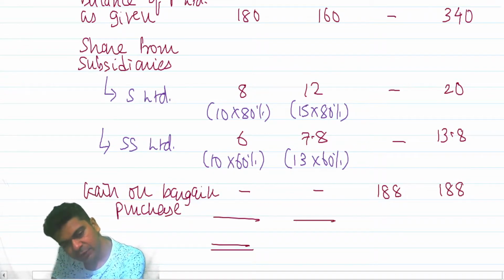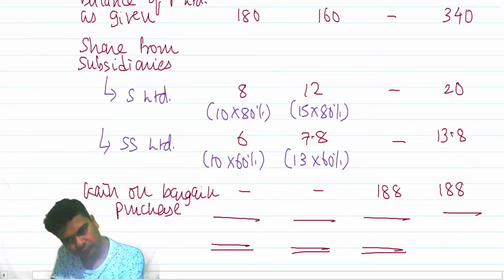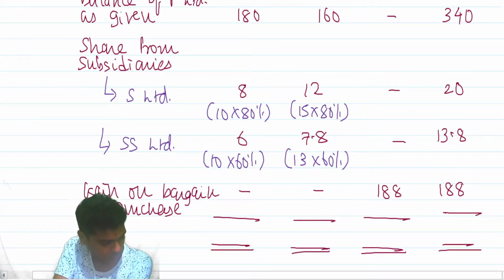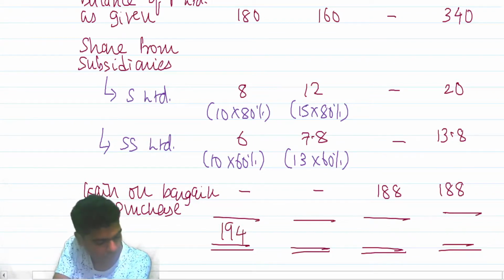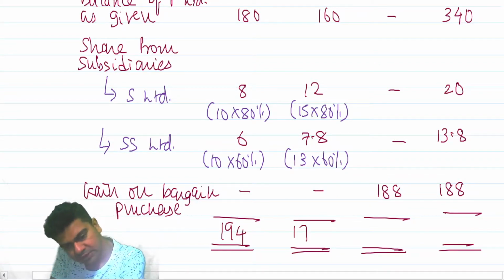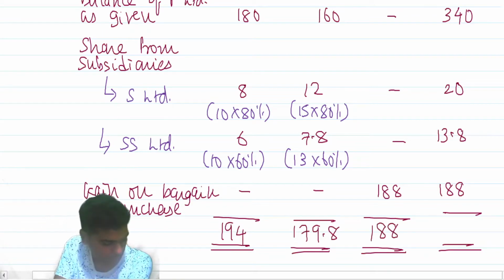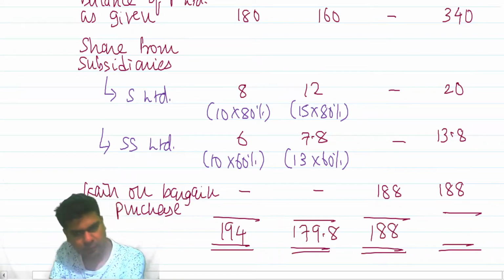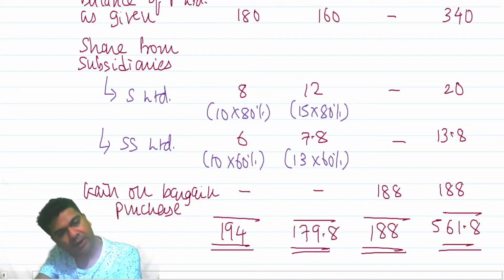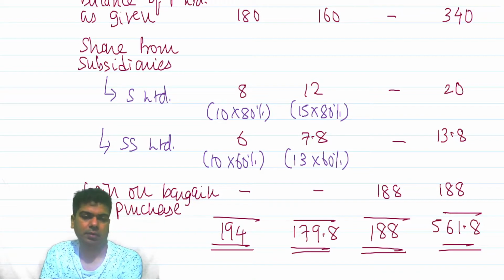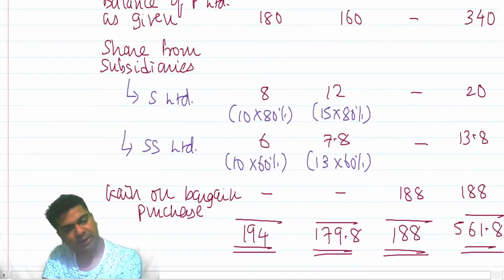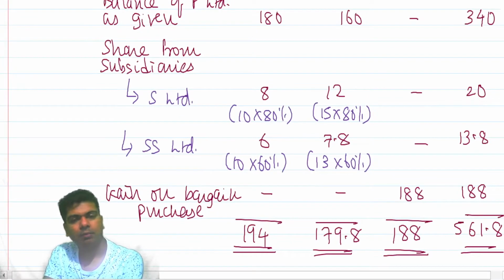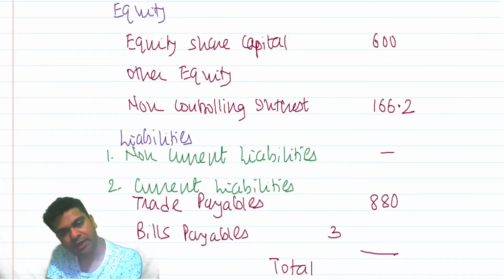Nothing else is really there, so we take a total. $188 and 6, 194, 160, 12 and 7.8, 179.8, 188. $561.8. Posted in your balance sheet, 561.8, other equity.